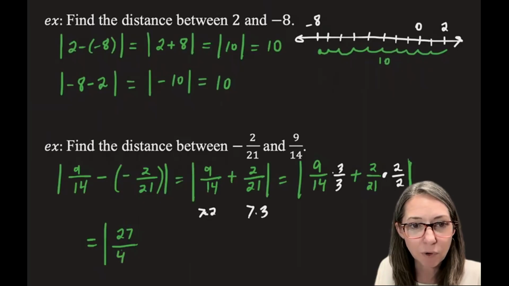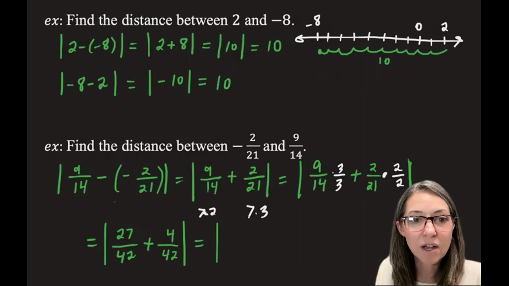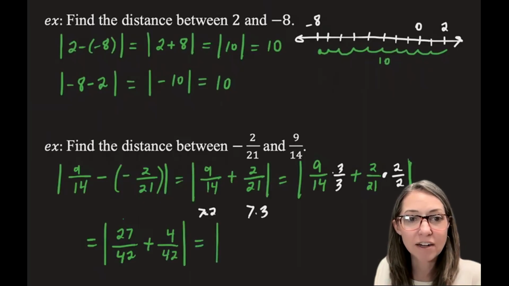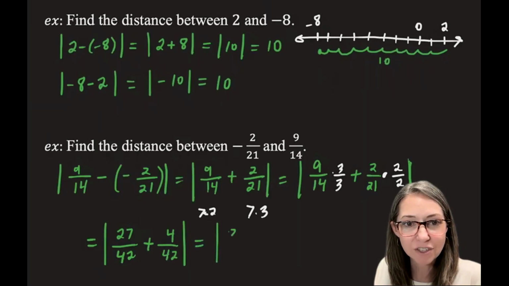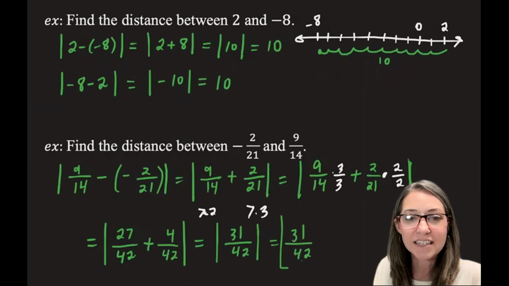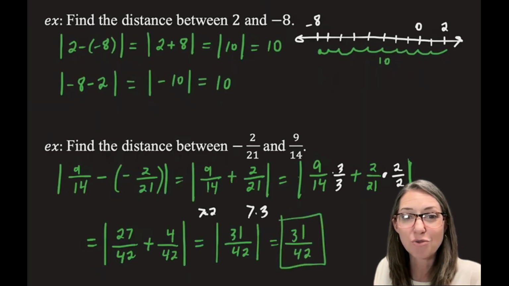So that would be 42, plus we have 2 times 2 or 4 over 21 times 2, which is also 42. Now we have a common denominator, so we can add those two fractions. We do so by adding the numerators. 27 plus 4 makes 31 over 42. And it is positive, so we can just drop those absolute value bars, and we get 31 over 42 as the distance between those two fractions.